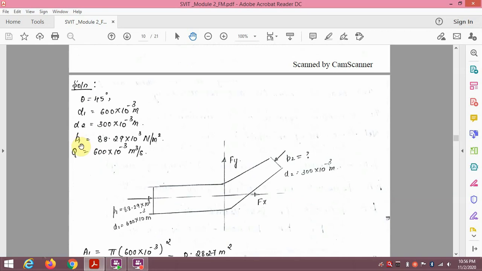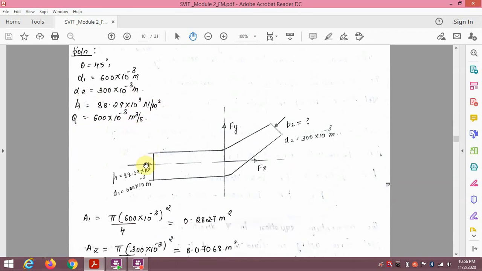So given theta is equal to 45 degrees, D1 is equal to 600 into 10 raised to minus 3 meters, D2 is equal to 300 into 10 raised to minus 3 meters, P1 is equal to 88.29 into 10 raised to 3 Newton per square meter, and Q is equal to 600 into 10 raised to minus 3 meter cube per second.